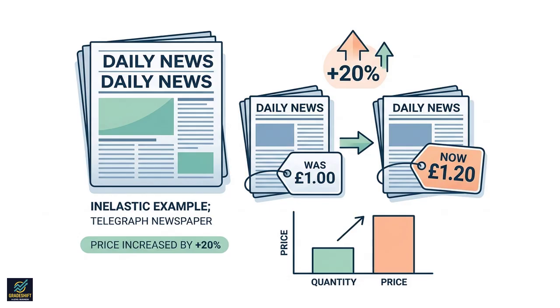Let us look at a real-world example of inelastic demand. The Daily Telegraph newspaper decided to raise its daily price from £1 to £1.20. This represented a significant price increase of 20%.